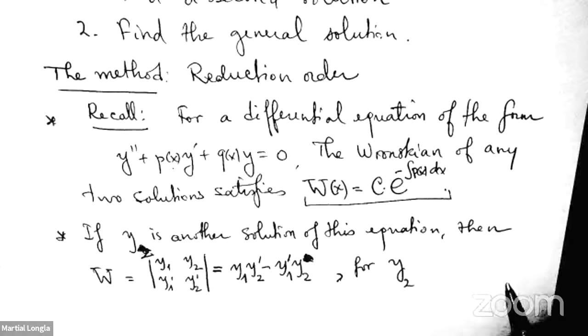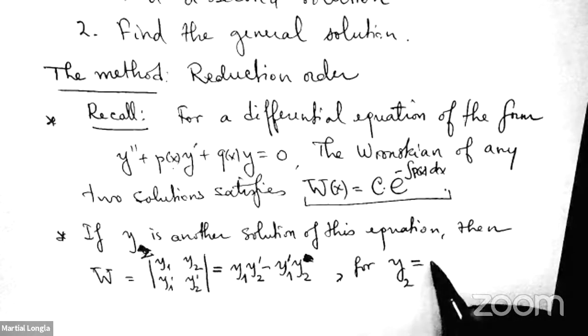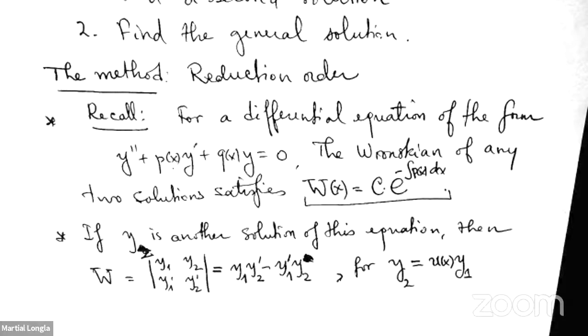If we take y2 as a function of x times y1, so we want to look for that second solution y2 as a function u of x times y1. So we defined u of x as the ratio y2 over y1. That's technically what it is.